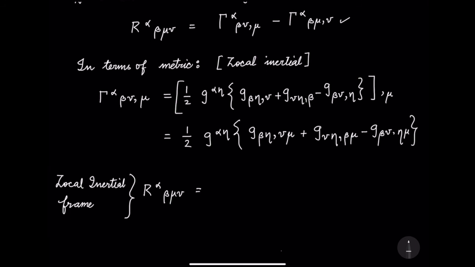So what will this be? We'll have g. This I can take common because it doesn't have mu nu, which is what is changed. First term, the corresponding term from the second one here will come with a minus sign because I have a minus sign, and the nu and mu interchanged.